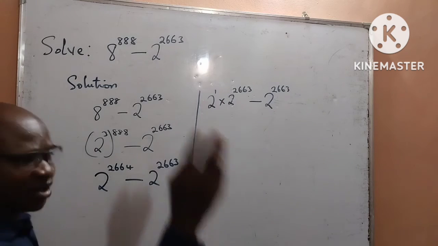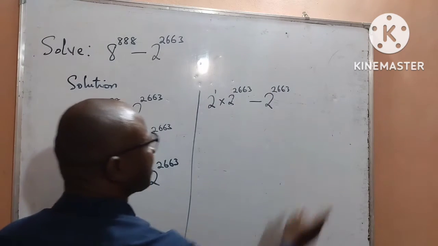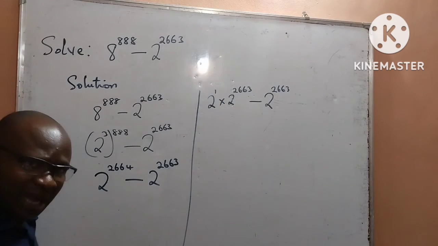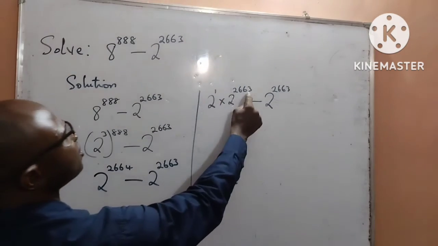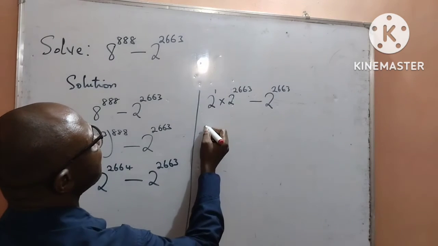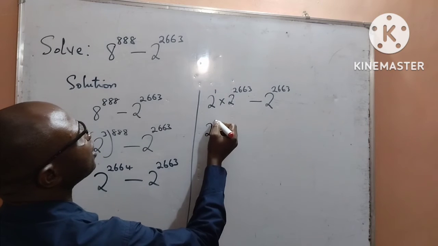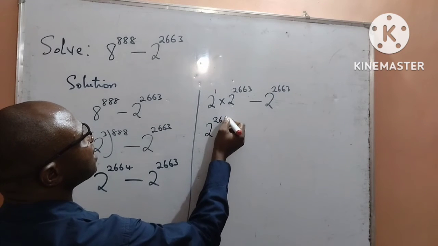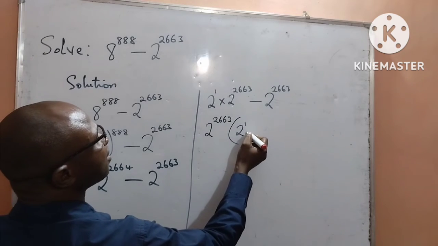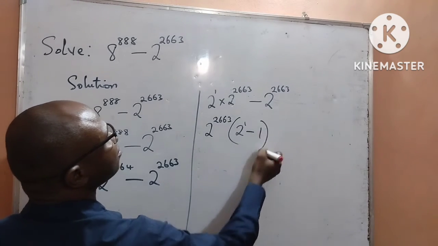Alright, according to the law of indices as I have expressed, because both of them are the same base, if you add this one to this, I get back what I have. So this implies that I shall now factor out 2 to the power of 2663 into the bracket 2 to the power of 1 minus 1.